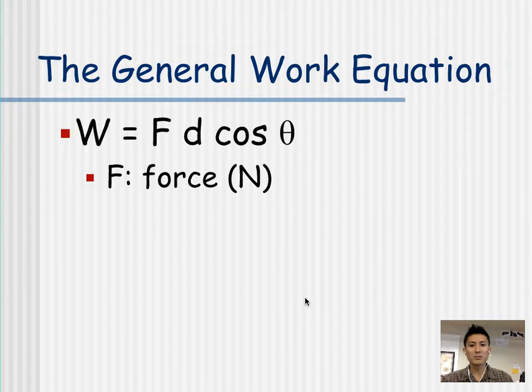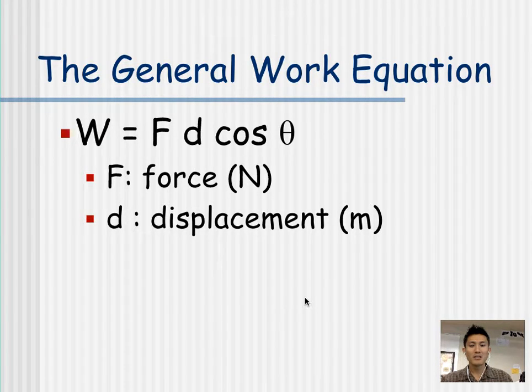Work, W, is equal to a certain force that's exerted on an object over a certain displacement. So when we push a box or a chair or a car a certain displacement, and that's a key word there, displacement, we are going to have some kind of work.